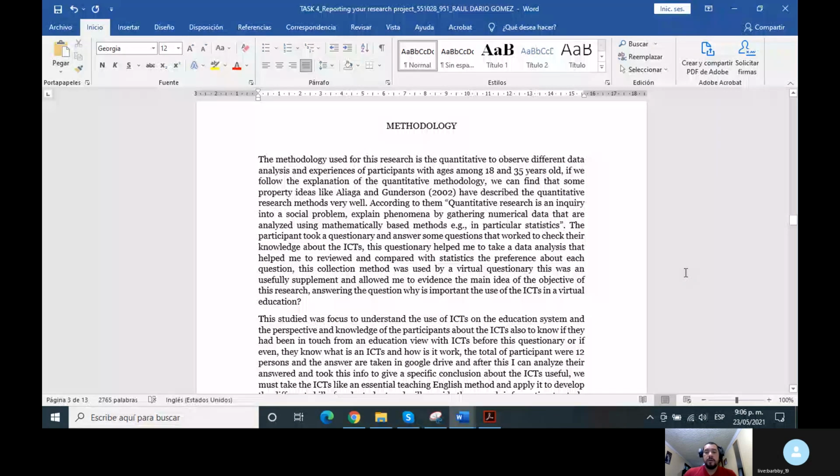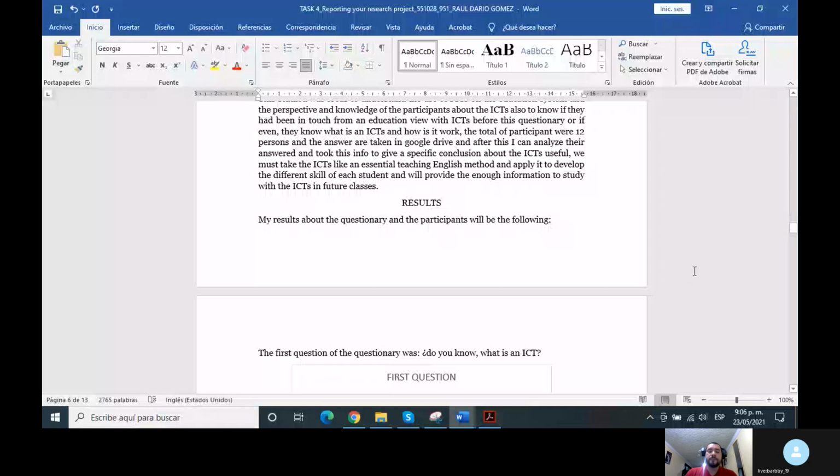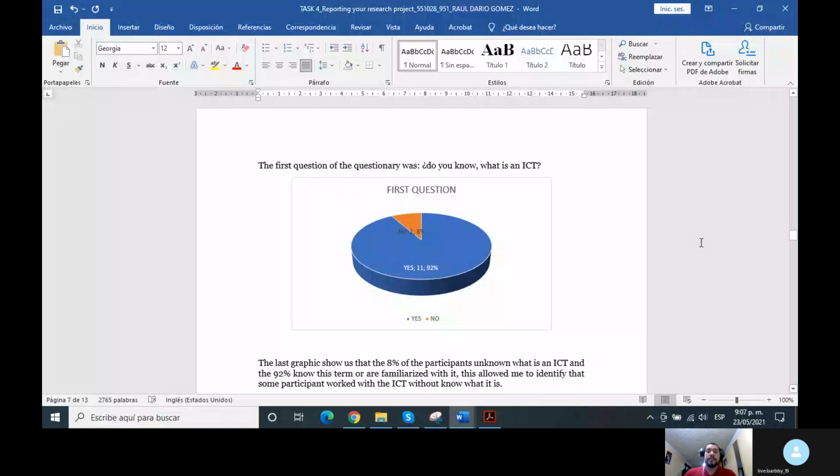Well, these are my objectives for this work, and we're going to check our results following the questionnaire that I did to 12 persons about the ICTs. Here we will see their answers and the percentages. The first question is, do you know what is an ICT?